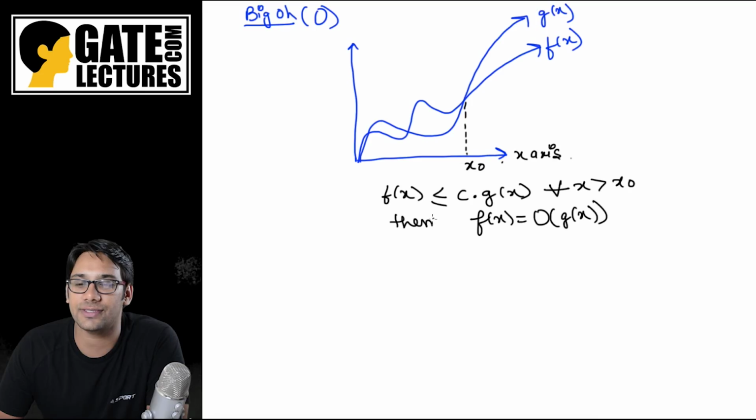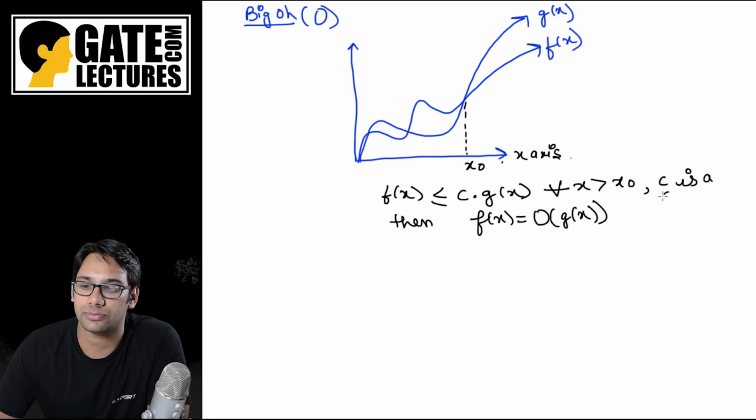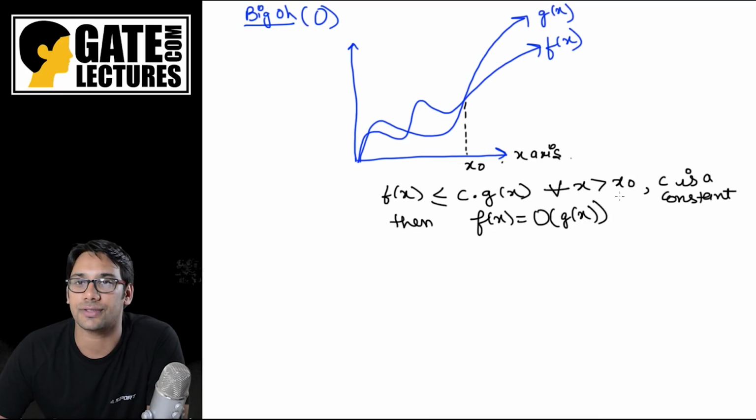If f(x) is always less than or equal to c times g(x) for all x greater than x0, where c is a constant, then we say that f(x) is order of g(x). This big O notation is called the order of notation.